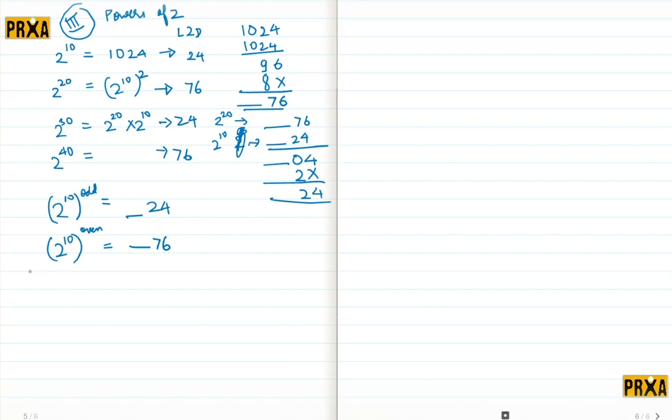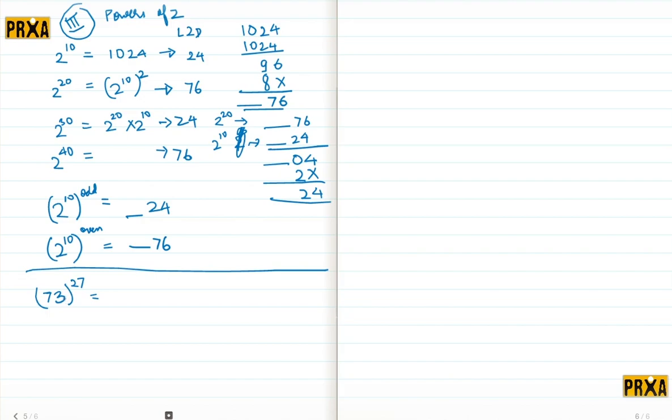So let me start with an odd number, and let's say I got to find out the last 2 digits of 73, okay, 73 to the power, let's say 27, okay. Now you would recall that when we did last digits, 3 has a cyclicity of 4, okay.